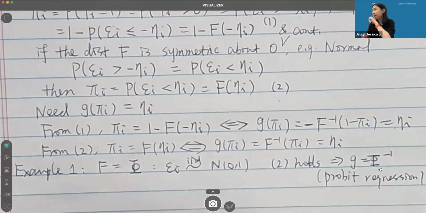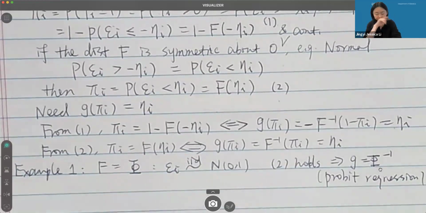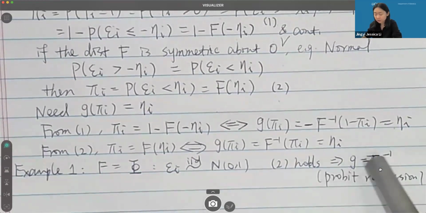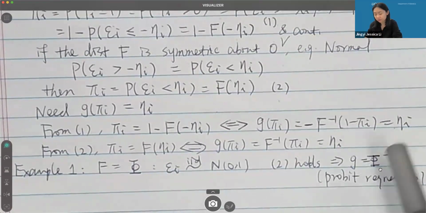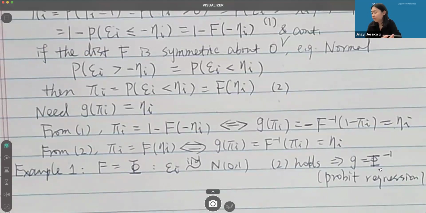But as you can see, in our earlier introduction we talked about canonical link functions using the exponential family theory. And logistic regression, the logit function, satisfies the canonical link function, but not the probit. I think that's one reason why later people just used logistic regression. Also, for exponential family GLMs, we have iteratively reweighted least squares for solving the problem.